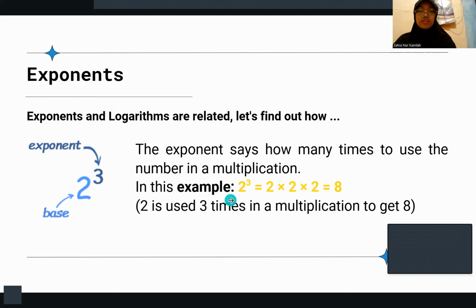In the example, 2 to the power of 3 equals 2 times 2 times 2, which equals 8. So 2 is used 3 times in the multiplication to get 8. The exponent is 3, and the base is 2.